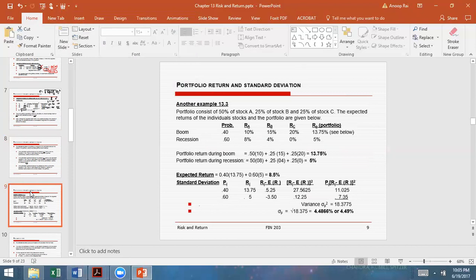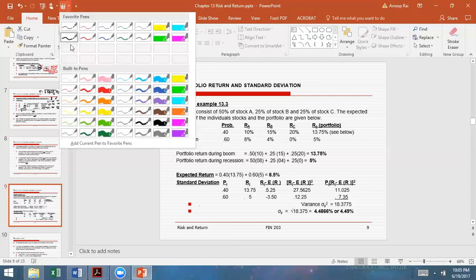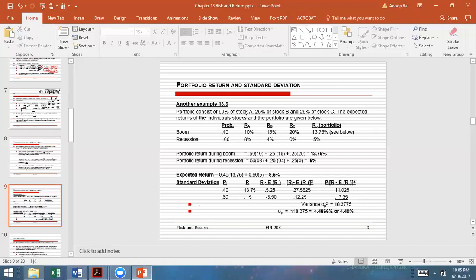Okay, let me quickly do one example from your book. Assume a portfolio consists of 50% of stock A, 25% of stock B, and 25% of stock C. So now you have three different stocks.